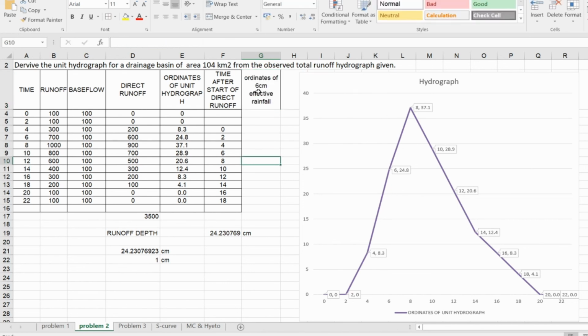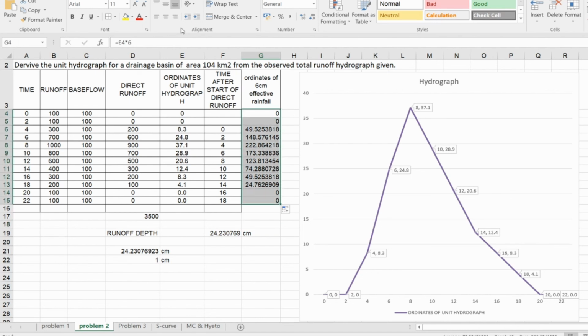Assume that there is 6 centimeter of effective rainfall; I want to determine what the ordinates or the discharges in the stream will be. So here I'll multiply these values with 6 centimeter. From this I can calculate my ordinates.